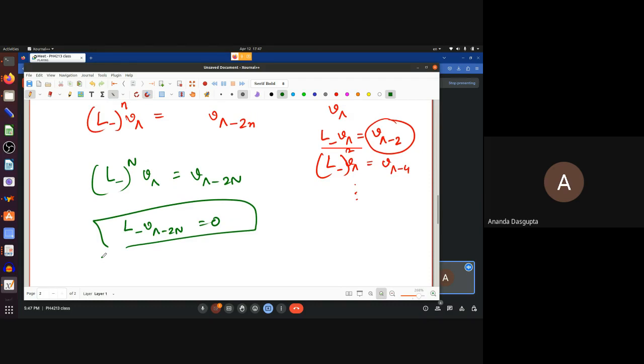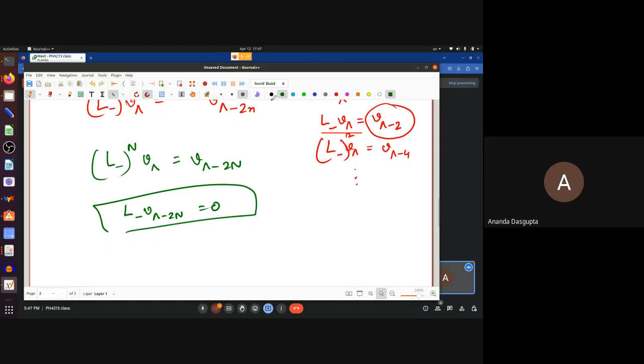Now, if I apply L plus, let's see whether you have understood this notion of the factor properly. What happens when I apply L plus on V lambda minus 2? You still get the null vector. Because you get the null vector as you have here. L plus on V lambda minus 2, not V lambda. Oh, okay. So then you get V lambda. You will get V lambda or a multiple of V lambda. Multiple of V lambda.